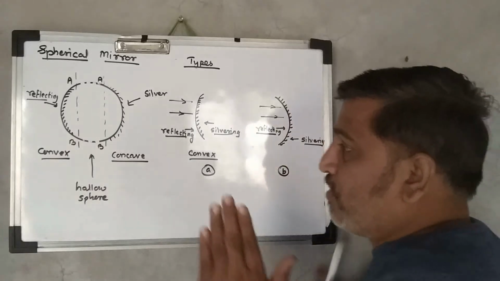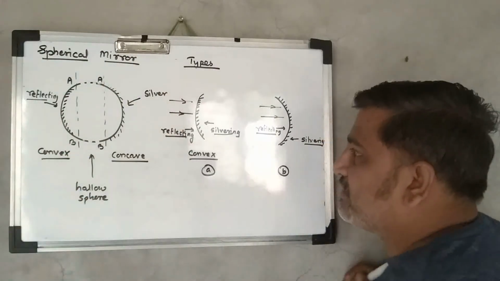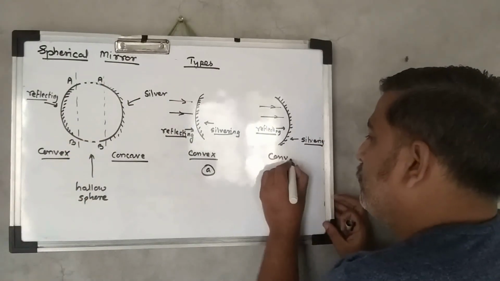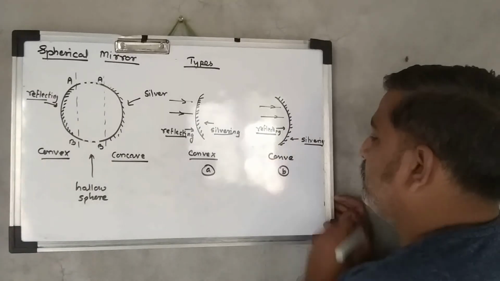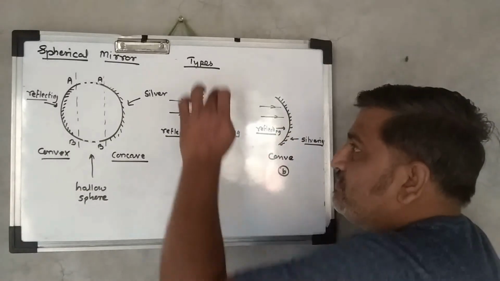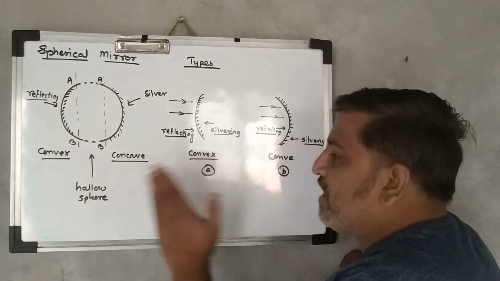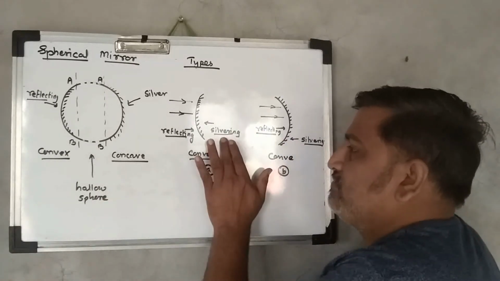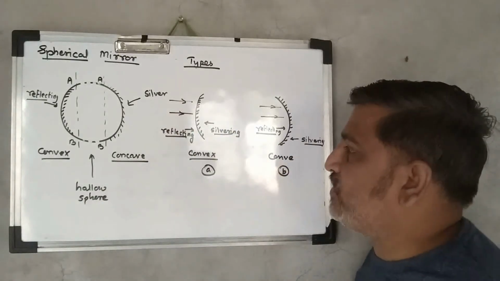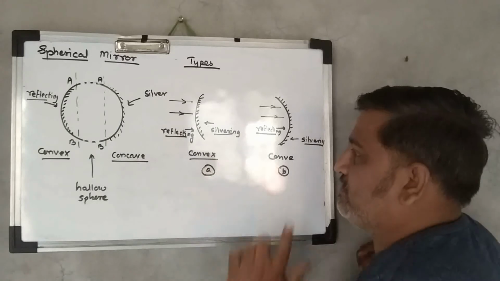So we can say that there are two types of spherical mirrors. One is convex, the other is concave. Now, what are convex and concave mirrors? When the inside surface of the part of the hollow sphere is silvered and the outside is taken as the reflecting surface, such a mirror is known as a convex mirror.